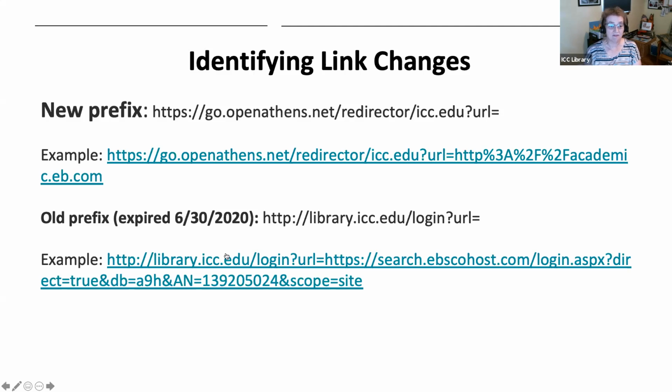So if you have links embedded in your courses for films, for articles, anything that has to do with the library, you're going to want to make sure that it is not this prefix in your link like what you see here with this example, but it has this example up here.